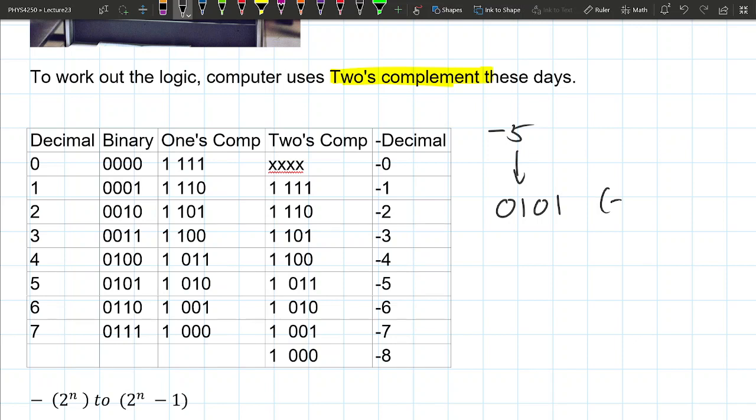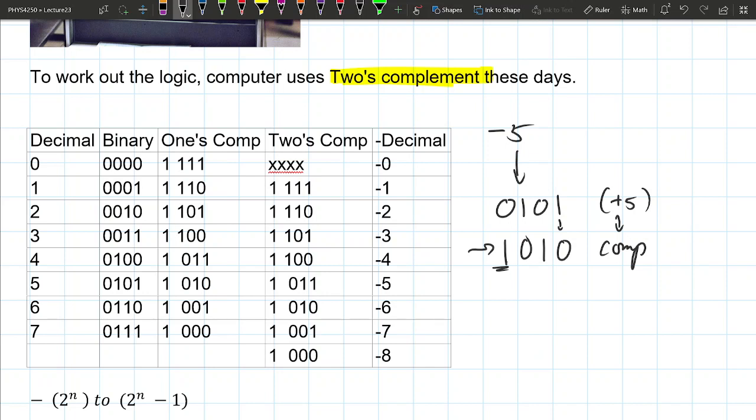That's +5. Then I do the complementation, which means I flip all the bits: 0 becomes 1, 1 becomes 0, 0 becomes 1, 1 becomes 0. And now I know this is a negative number because this is the sign bit. Great, that's the ones complement.